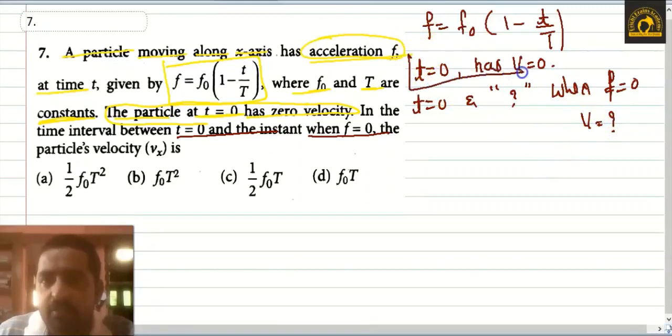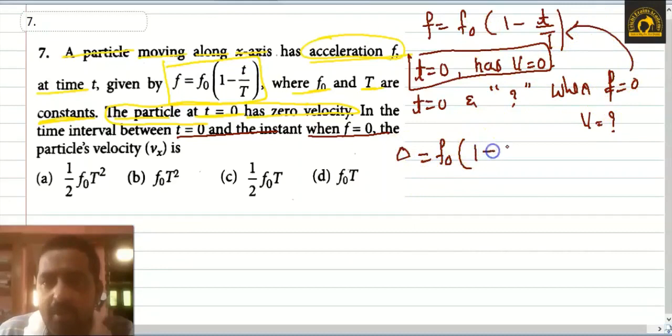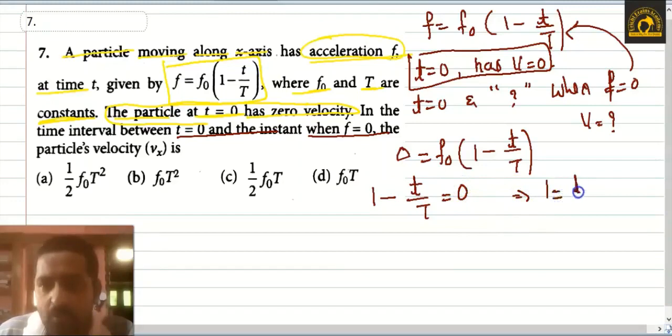What is the certain time? You have to put f is equal to 0 in this equation: 0 is equal to f naught into 1 minus t divided by capital T. Then 1 minus t divided by T is equal to 0, so 1 is equal to t divided by T. So we got the certain interval of time, that is capital T.